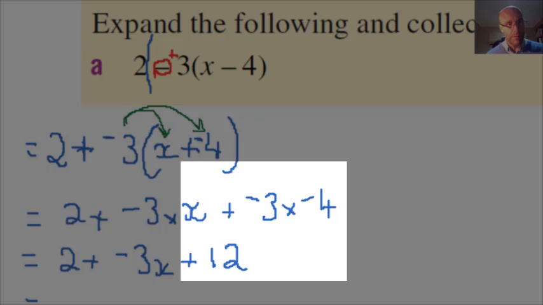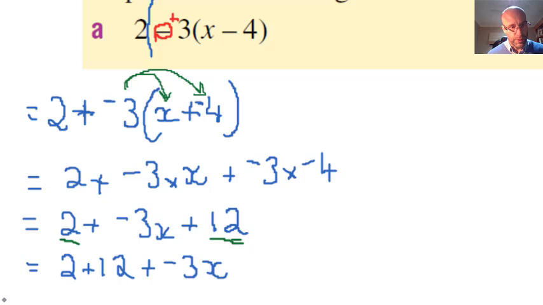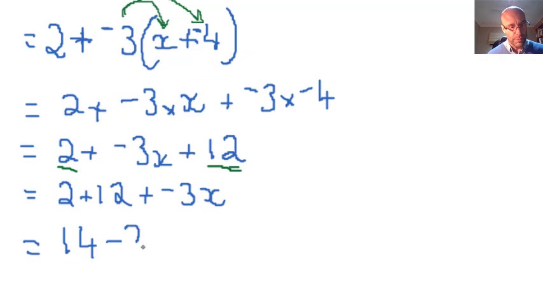Now looking at the like terms, remember I said that's important, and we have like terms, 2 constants, 2 and 12, which we can simplify. There's no other x terms apart from the negative 3x there, so let's simplify that. So we have 2 plus 12 can go together, plus negative 3x. So tidying that up, we've got 14 minus 3x.